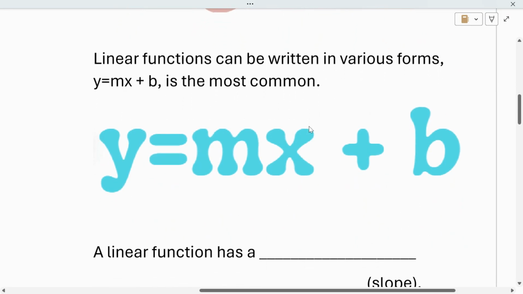So linear functions can be written in various forms. Y equals mx plus b is the most common. I want to label the parts of this equation. So this is my slope. It's my rise over my run.